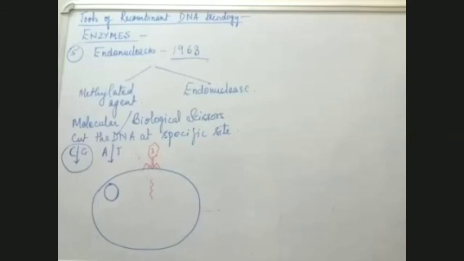And this is how this defensive mechanism is going to take place. That means we have the restriction endonuclease, which has this methylated agent part and the endonuclease part, both. I told you this endonuclease can cut in between C and G. This is how it is going to deal with the genetic material of the bacteriophage.